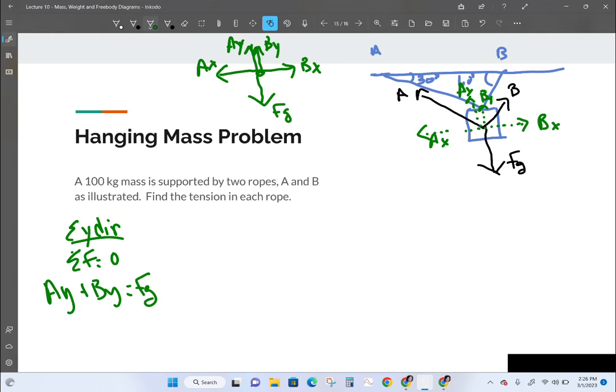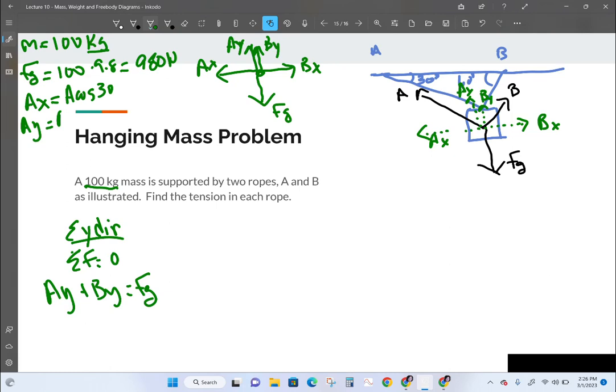So let's write some information down over here. FG, the mass is 100 kilograms because that's the units that we're given. FG is going to be 100 times 9.8, which is going to be 980 newtons. The formula for AX is going to be A cosine of 30, and AY is going to be A sine of 30.